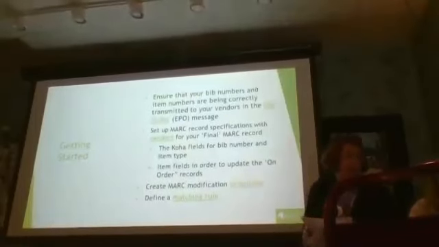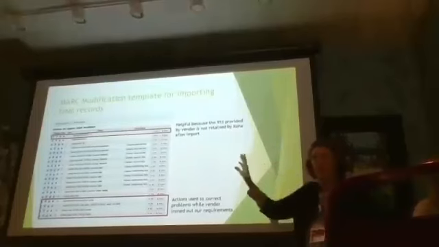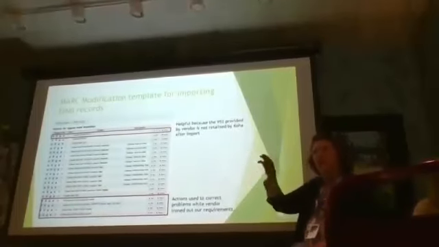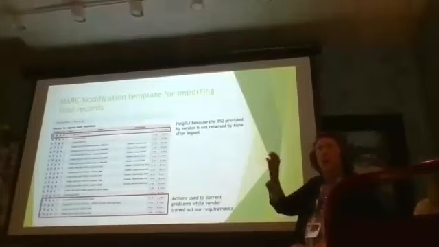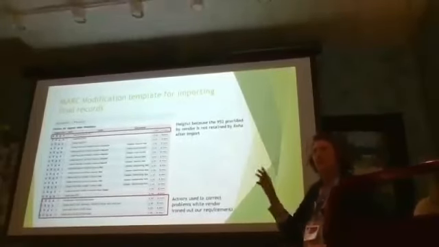On the MARC modification templates, this first action that I did is because of that whole problem. I never knew for that particular catalog record what information the vendor was actually putting in what fields.